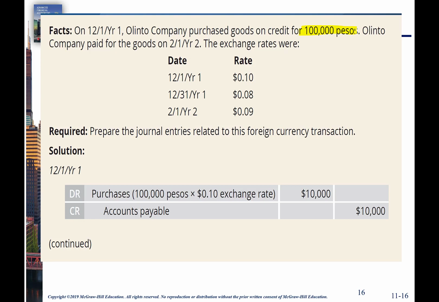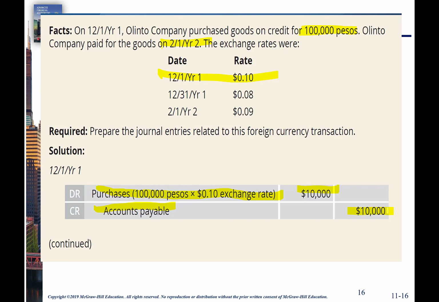Okay, and so for our purchases or our inventory, assuming we were on a perpetual system, the debit is going to go to either purchases or inventory, and we take the 100,000 and multiply that by the exchange rate at the date of the transaction, December 1st, and we turn that from pesos into dollars. We set up the payable, we set up our inventory, we set up our purchases. I guess we were using periodic method.